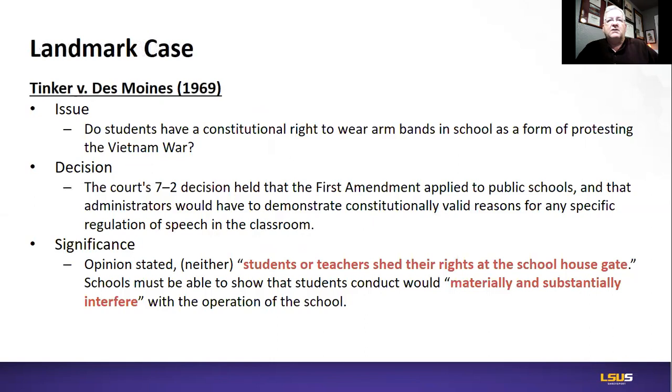So the significance of this particular case, and this has been quoted throughout a lot of other Supreme Court cases, is that the opinion stated that neither students nor teachers shed their rights at the schoolhouse gate, and that the school is responsible for showing that the students' conduct would materially and substantially interfere with the operation of the school.